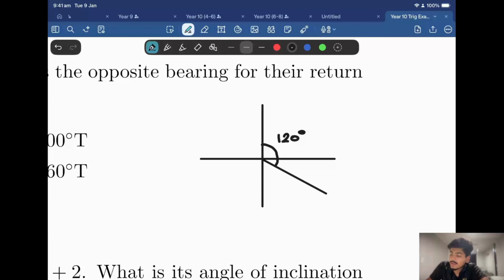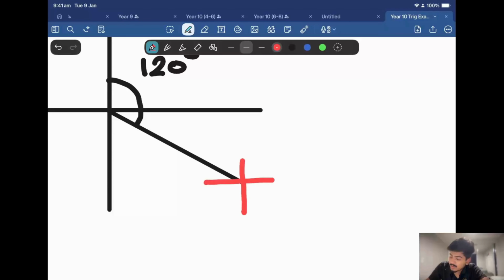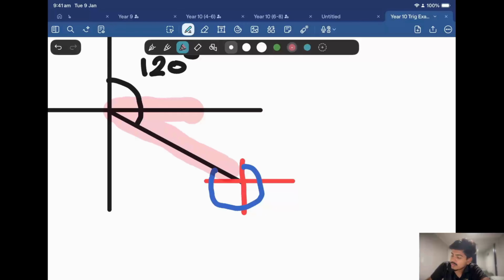Okay, and we want to find what his return trip angle is. So what do we need to do? We need to draw a compass bearing at the start of the return, which is the end point, and we need to find what this is. You guys should be able to see there's an alternate angle being formed. That's the alternate angle.